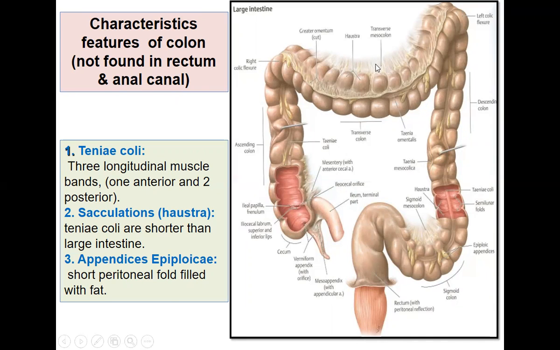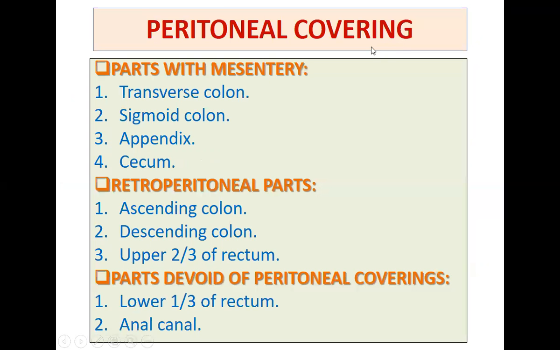This is not called mesentery but mesocolon. Mesocolon is nothing but the peritoneal fold, just like the mesentery for the small intestine. So the large intestine also has a mesentery, but it is called the mesocolon. For the transverse colon, it is called the transverse mesocolon.